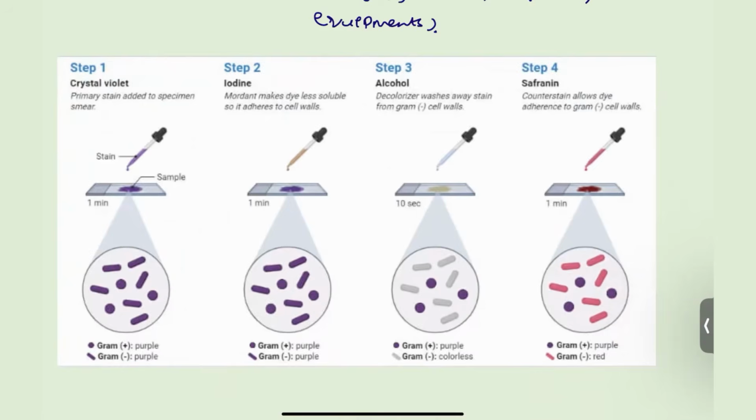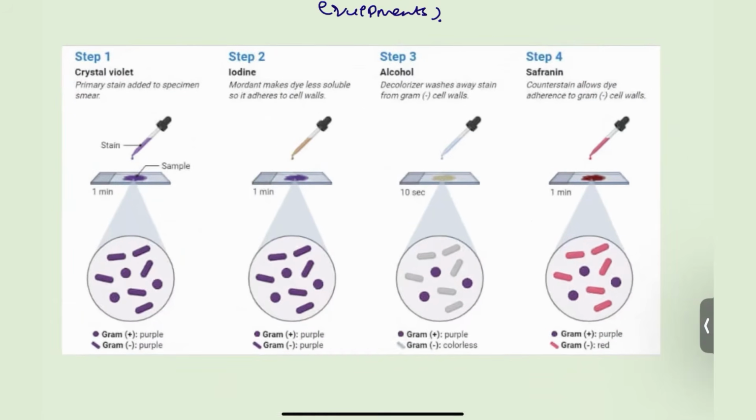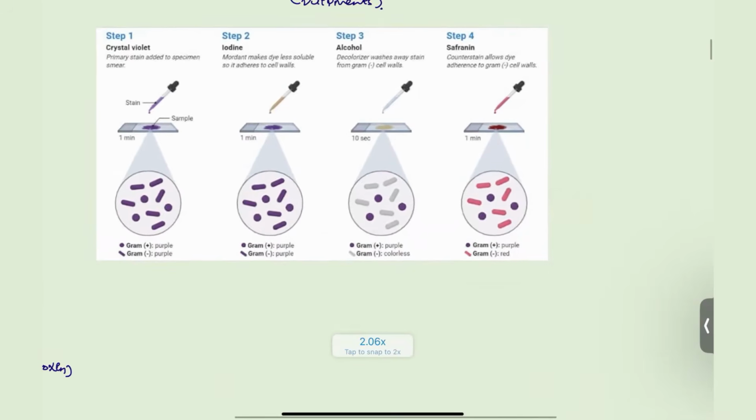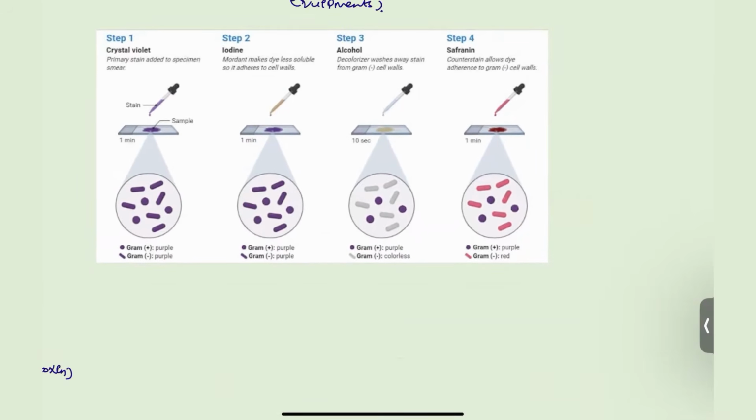Next, here is the picture, this is how we are going to do the Gram stain. What you have to remember here are the steps. In the first step we add the primary stain, crystal violet, followed by step 2, where we add the mordant, iodine, which makes the dye less soluble and adhere to the cell walls. And in step 3 we use the decolorizer, alcohol, which washes out the stain so we can see whether it is gram positive or gram negative.